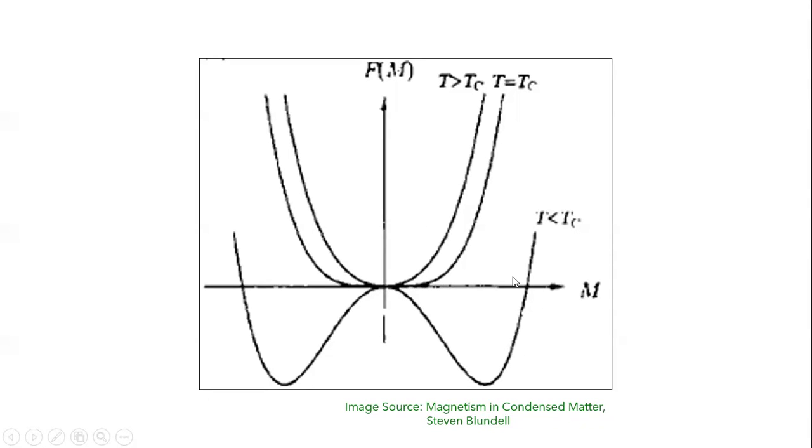Upon going further below critical temperature, what I find is a double well curve or a Mexican hat curve, where there are two non-zero magnetizations which are having minima, meaning stable configuration, and the m equal to 0 configuration is an unstable configuration, which is not surprising, which is what we wanted to see because that is what we observe.